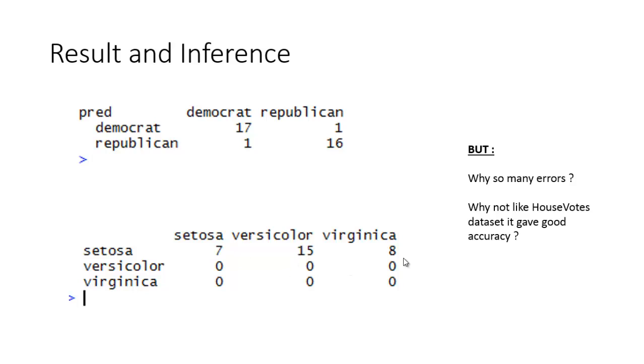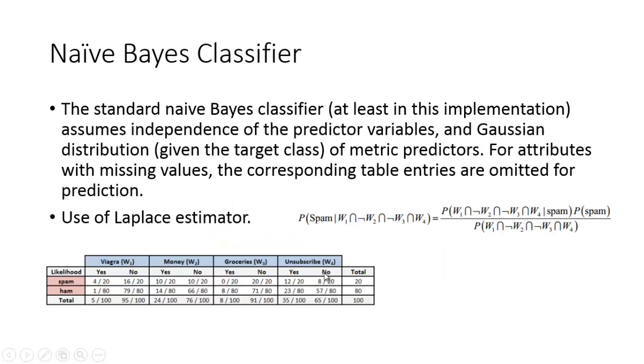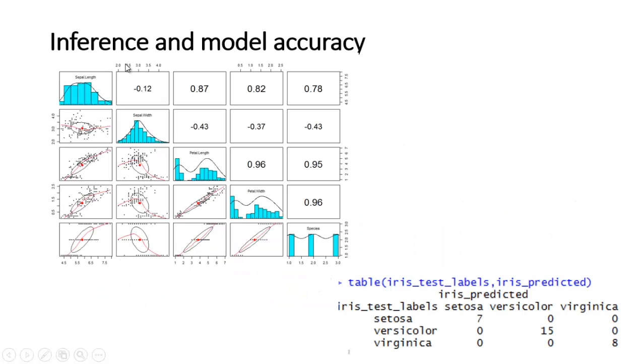So why is this actually happening? This happened because of the relationships between sepal length and sepal width, petal length and petal width. You can see from this graph, this ellipse is showing the relationship between any two features. So you can clearly see that the species, this is the classification section, is dependent on each and every feature, because this ellipse is stretched.